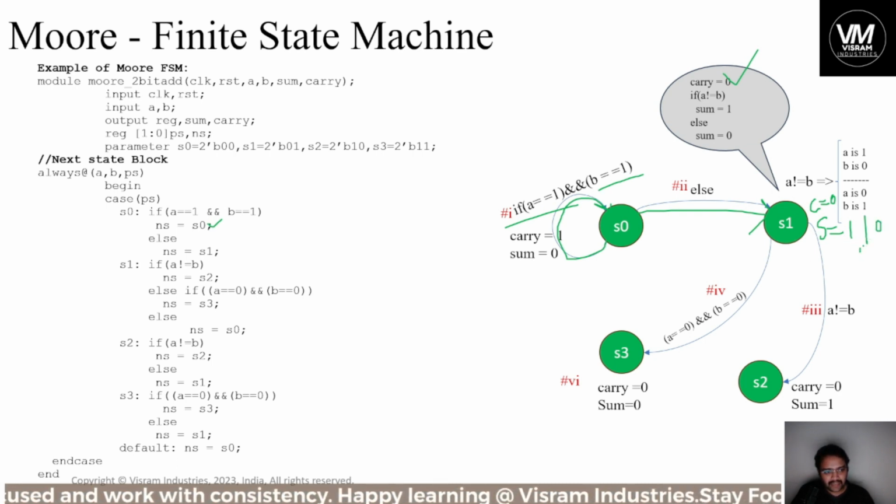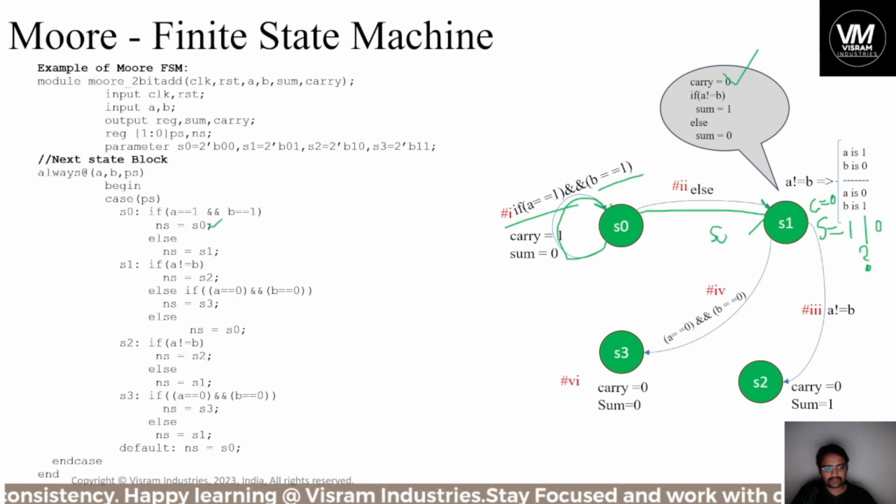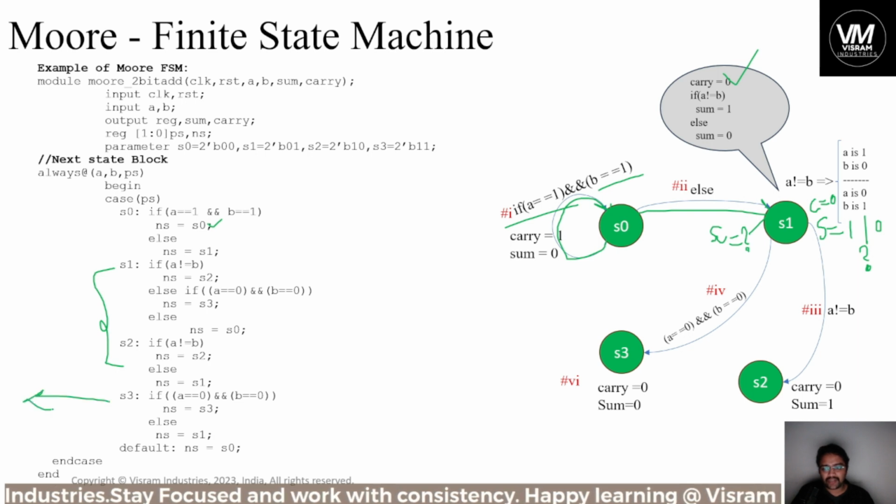For that kind of ambiguity, here sum is equal to an unknown value. For that unknown value, we are taking 2 other states. If A is not equal to B, we are taking 2 other states and we have separated the final state of carry is equal to 0 and sum is equal to 0.